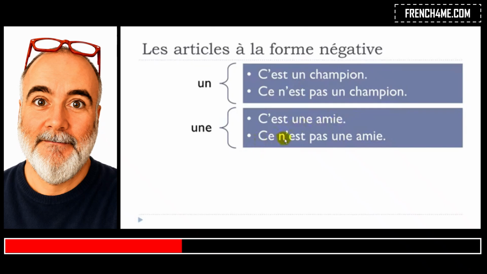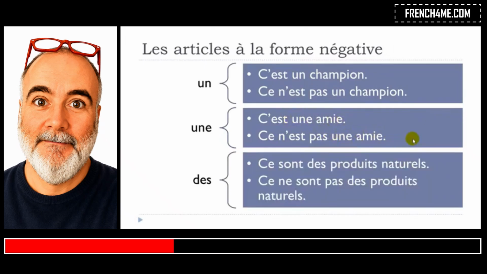Negative form, ce n'est pas une amie. Feminine, it's exactly the same rule, so une will stay here. You don't modify it. And for the plural, ce sont des produits naturels. Okay. Produits, products, naturels, natural. Ce ne sont pas des produits naturels.